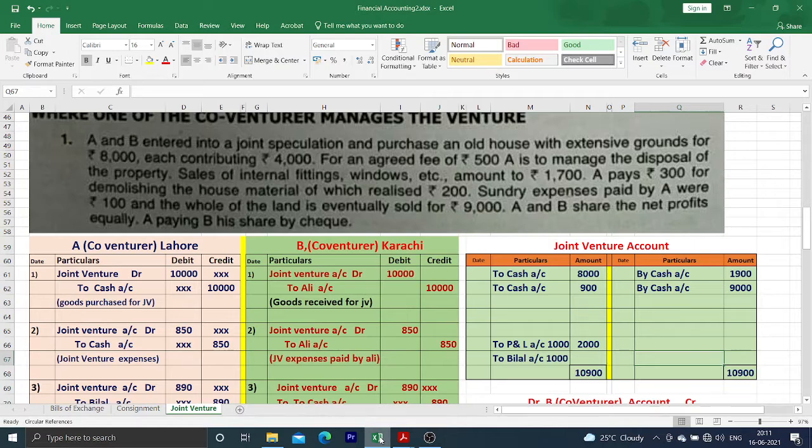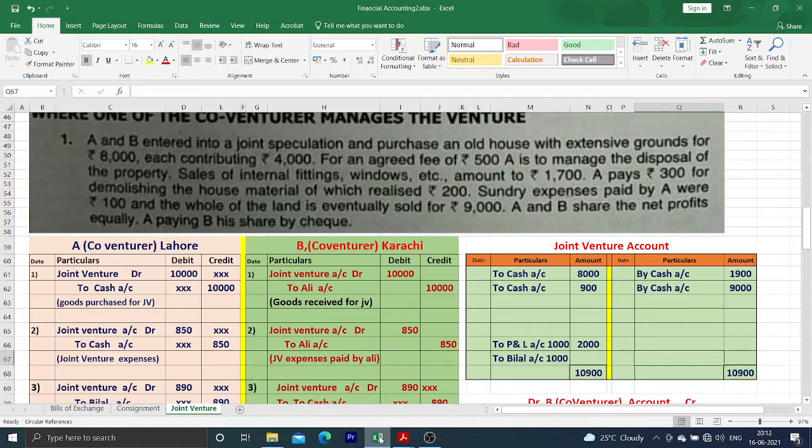Sales of internal fittings, windows, etc. amounted to rupees 1,700. So when we are demolishing the old house, the old material we can sell outside, for which the amount realized is 1,700. A pays rupees 300 for demolishing the house material, for which he realized 200.